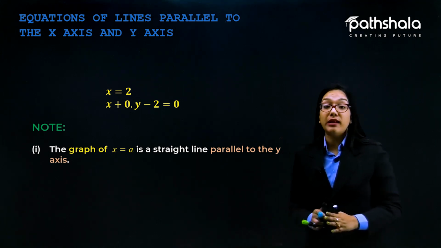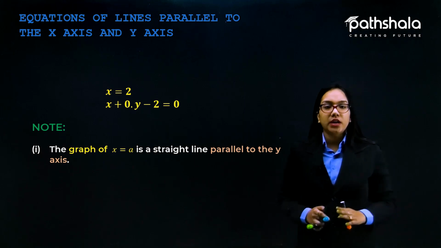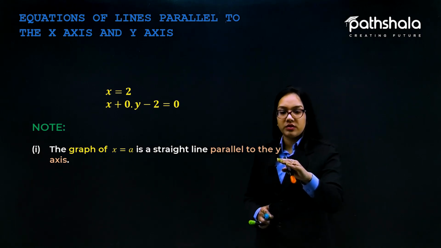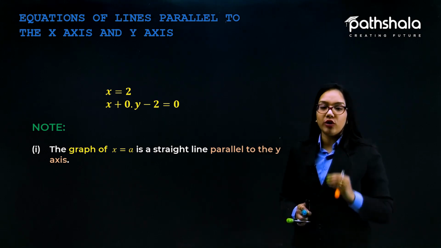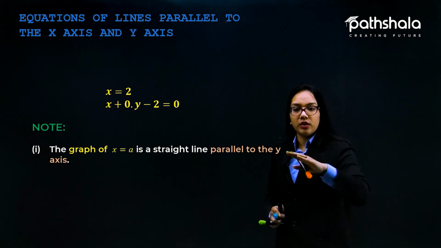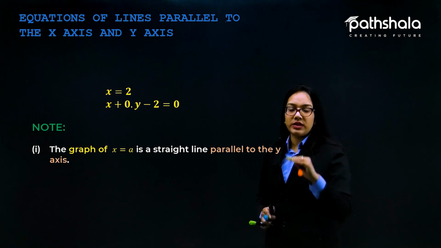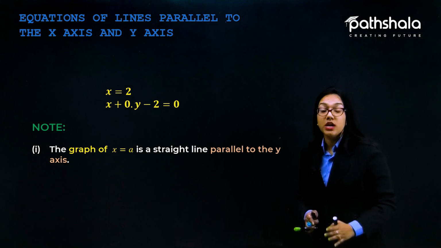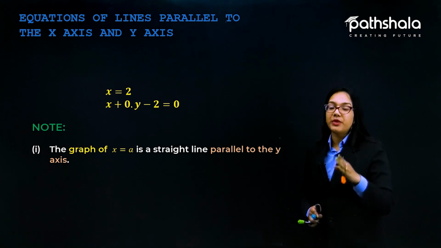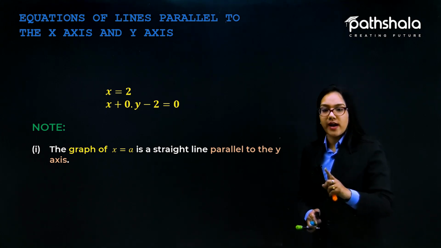We will see how we conclude this first point with an example, but before that, take note that the graph of x is equal to a is always a straight line parallel to the y-axis.